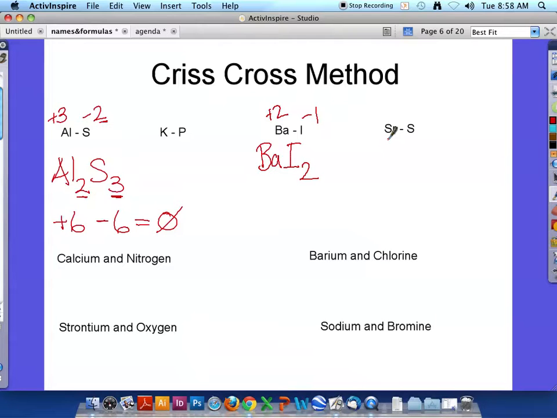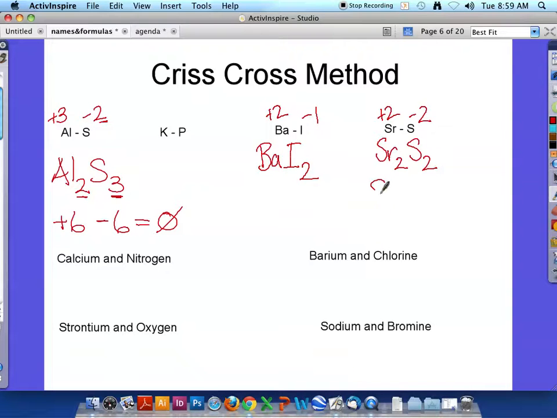For example, let's look at this one here. Find Sr on your periodic table. +2. Find S on the periodic table. -2. Okay, so our crisscross method would say that it's Sr2S2. Is that right? You don't have to write it. Can't you just do SrS?